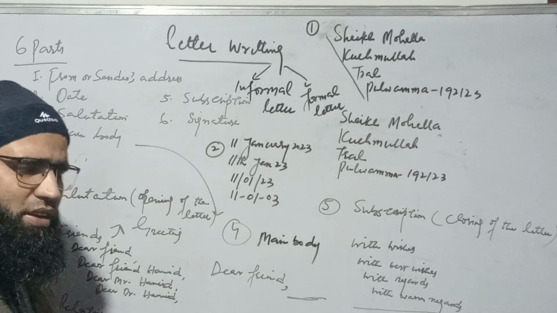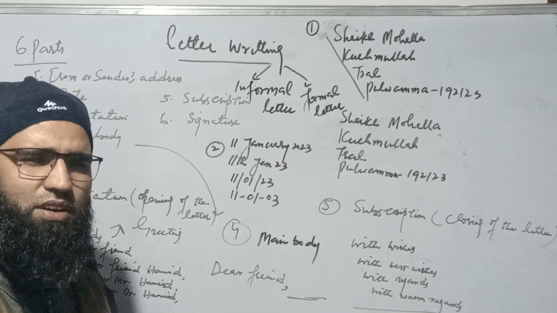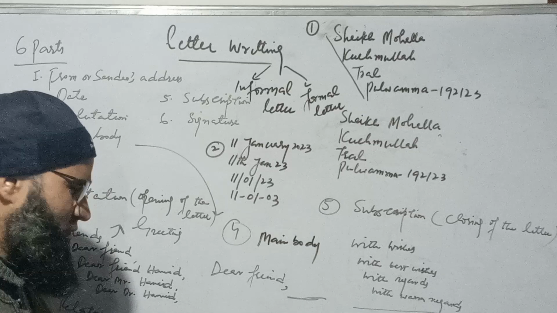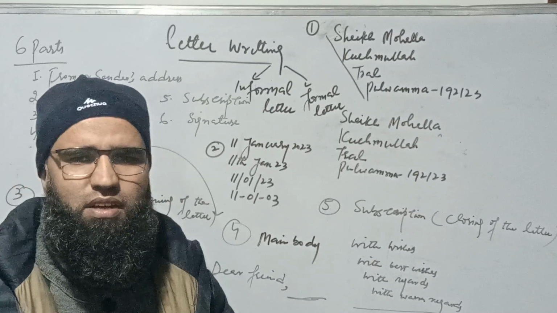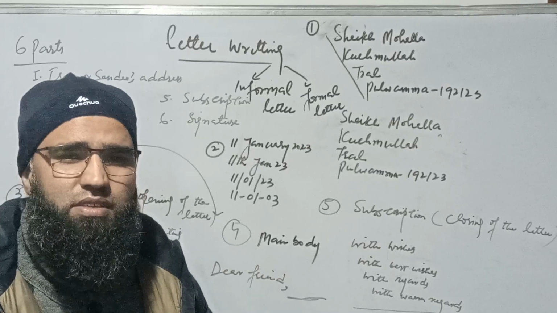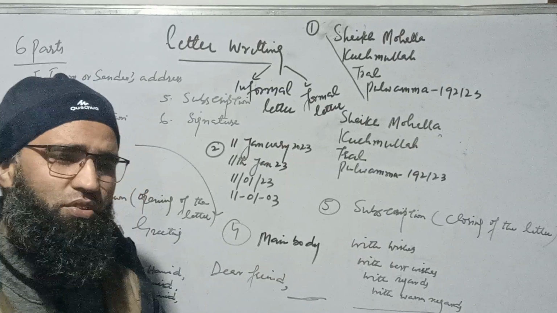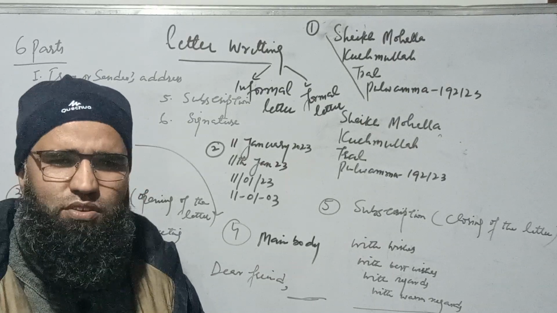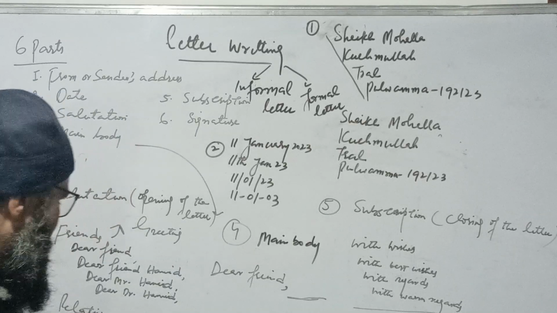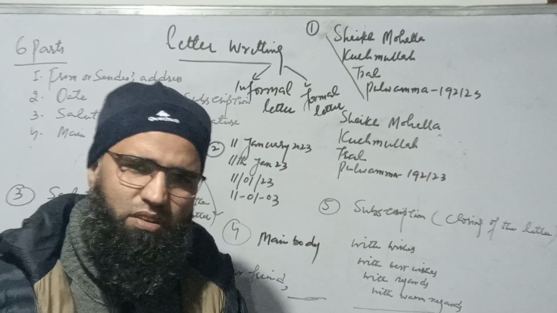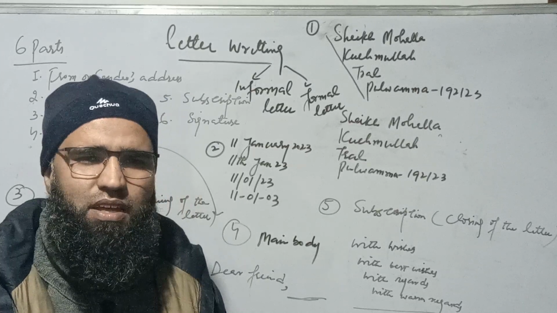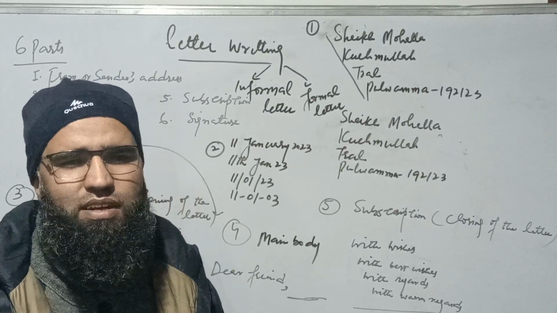That is, if you want to write an informal letter to any kind of relative. After that, if you have a private relation with a sir or ma'am, you can write an informal letter to them also. So you can write Dear sir, Dear ma'am; otherwise it is not permissible to mention Dear sir, Dear ma'am.